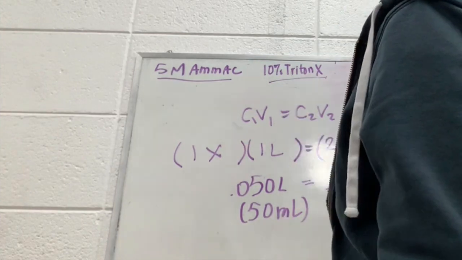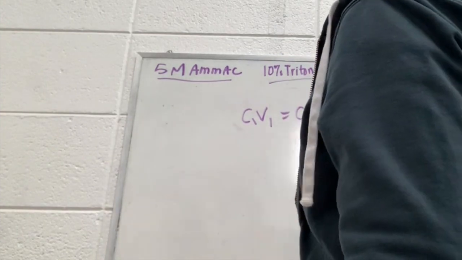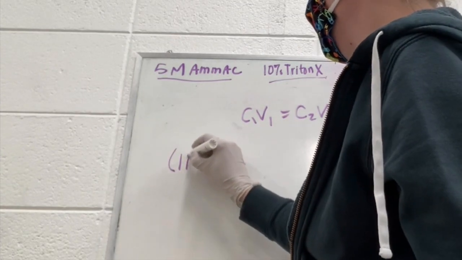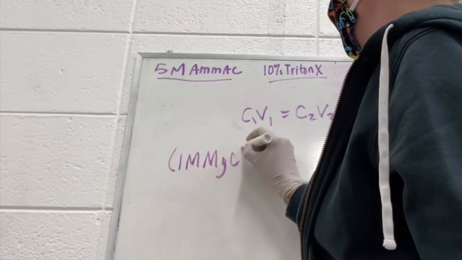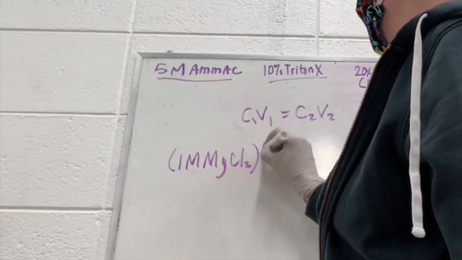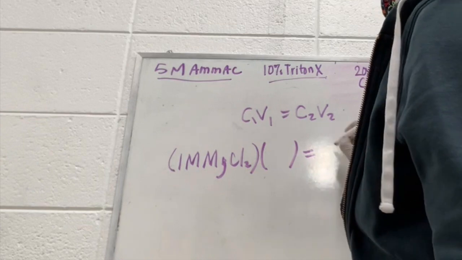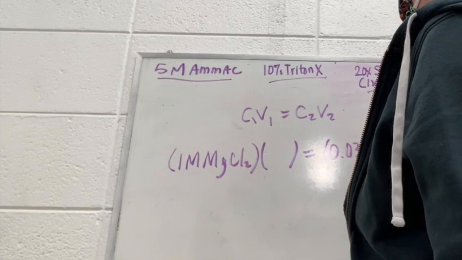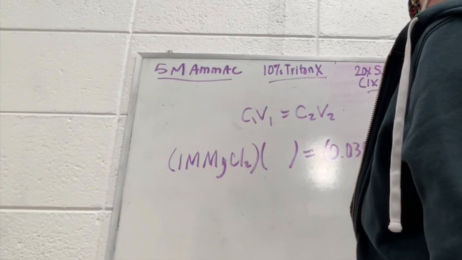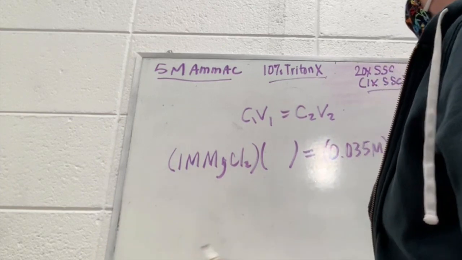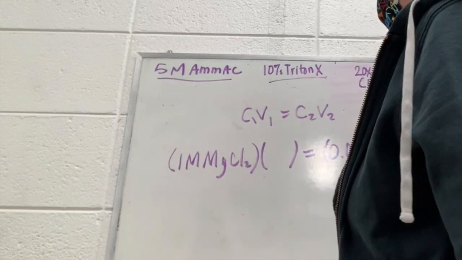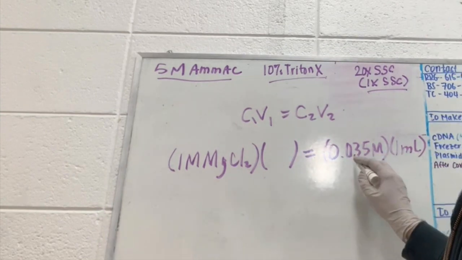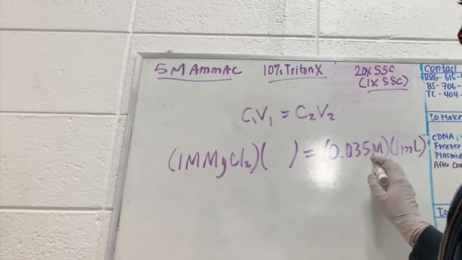So for example, another way to use this would be if you had, let's see, we often use 1 molar MgCl2, and if you wanted to know how much of that you needed to make a 0.035 molar, let's see, you're trying to make a 1 milliliter stock of 35 millimolar MgCl2.